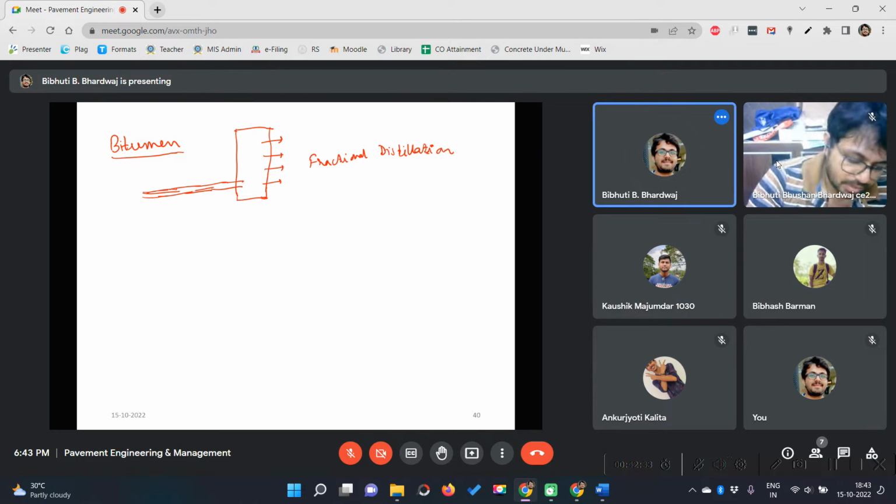Bitumen has the highest boiling point, so it is obtained at the bottom. It's also called vacuum tower bottom. So this is bitumen. Can you name some other products? Ankur, can you name some other products that we get from fractional distillation of petroleum?